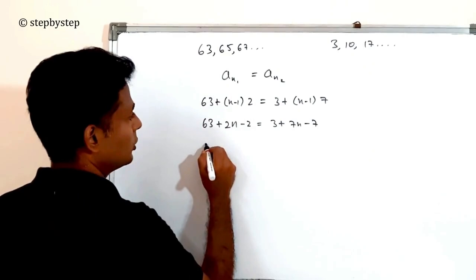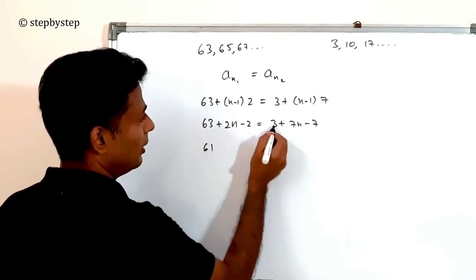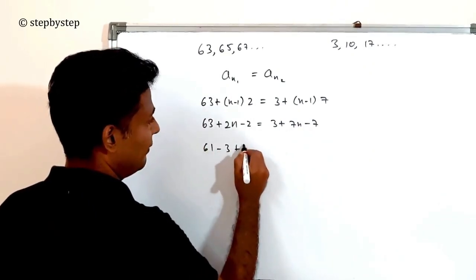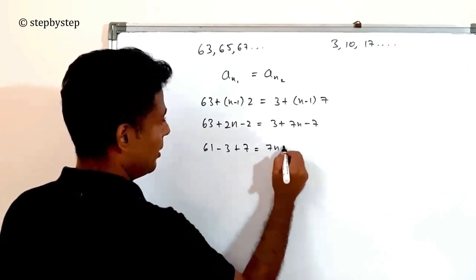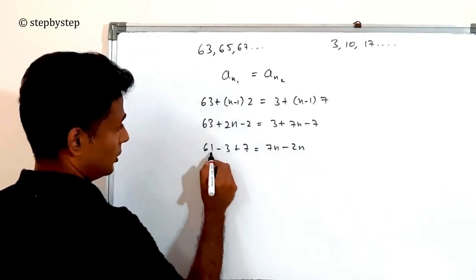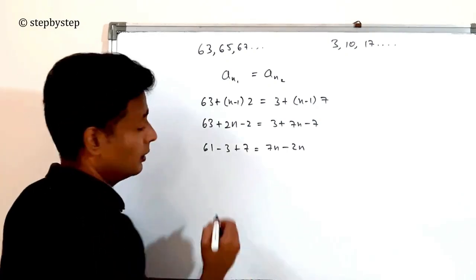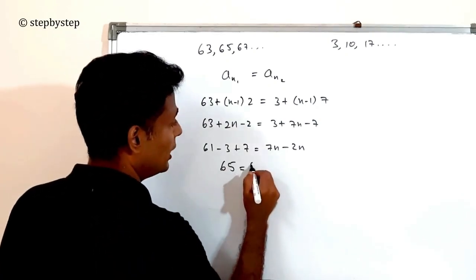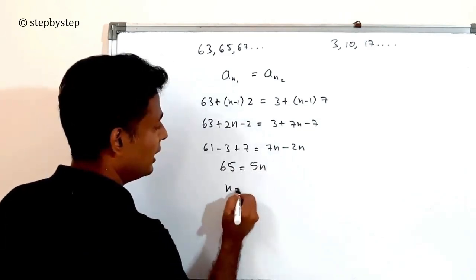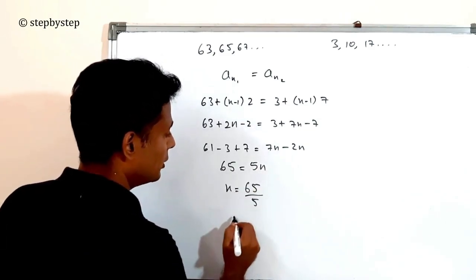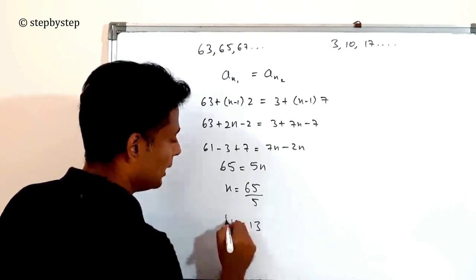I'll transpose. So I get 63 minus 2 is 61 minus 3 plus 7 equal to 7n minus 2n. So 61 minus 3 is 58. 58 plus 7 is 65 equal to 5n. So n equal to 65 by 5. So n is equal to 13.